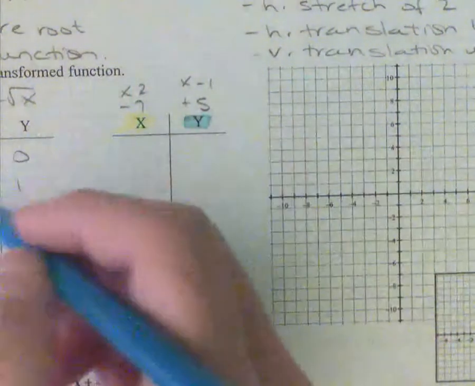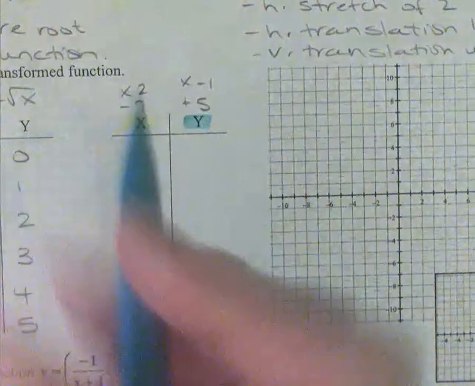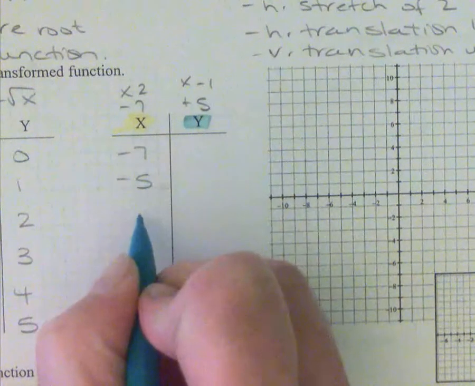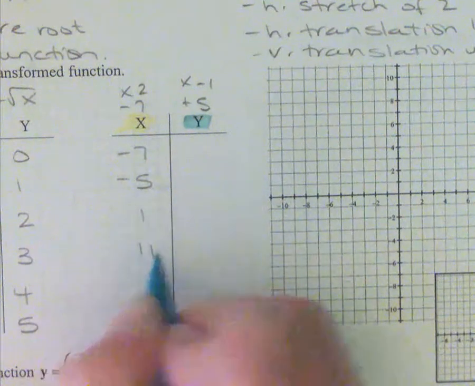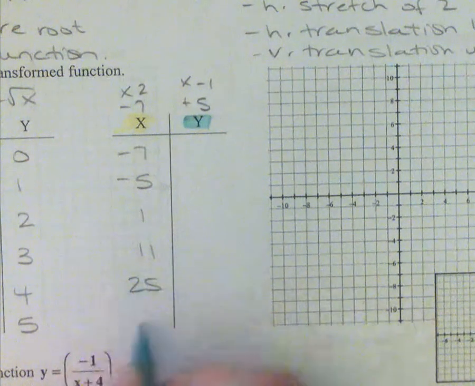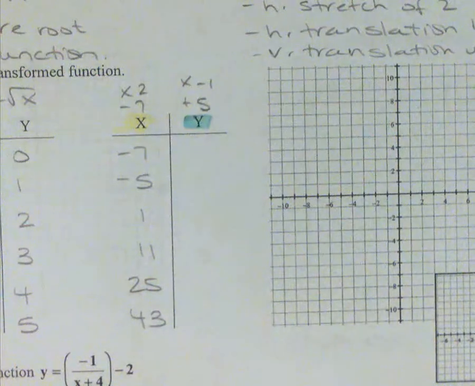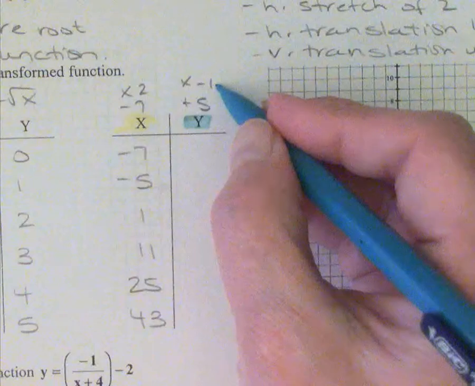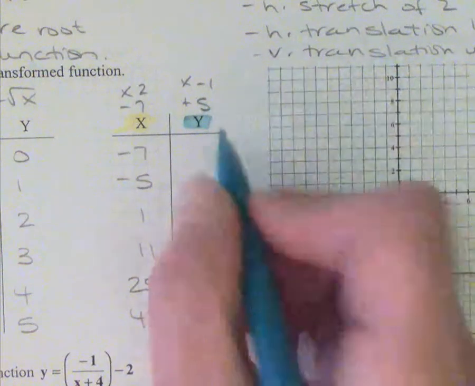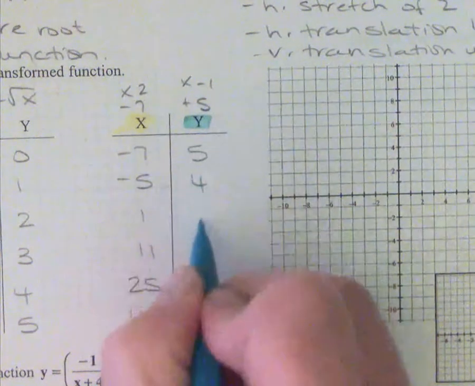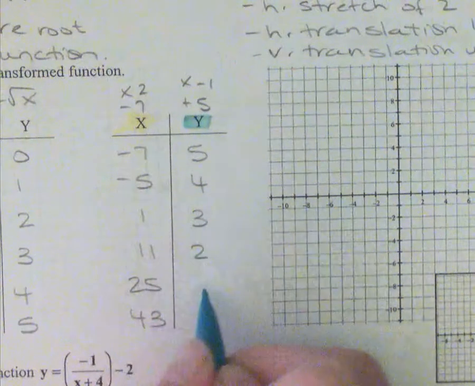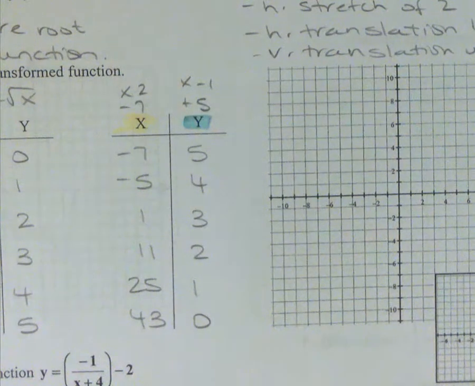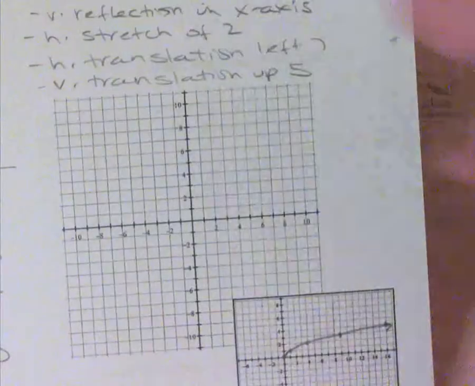So I'm going to multiply all these by 2 and subtract 7. So I'm going to get minus 7, minus 5, 1, 11, 25, and 43. And then I'm going to take the y values, I'm going to multiply by negative 1 and add 5. So I get 5, 4, 3, 2, 1, 0. Now again, not all of these are going to fit on the graph, but we'll do our best.